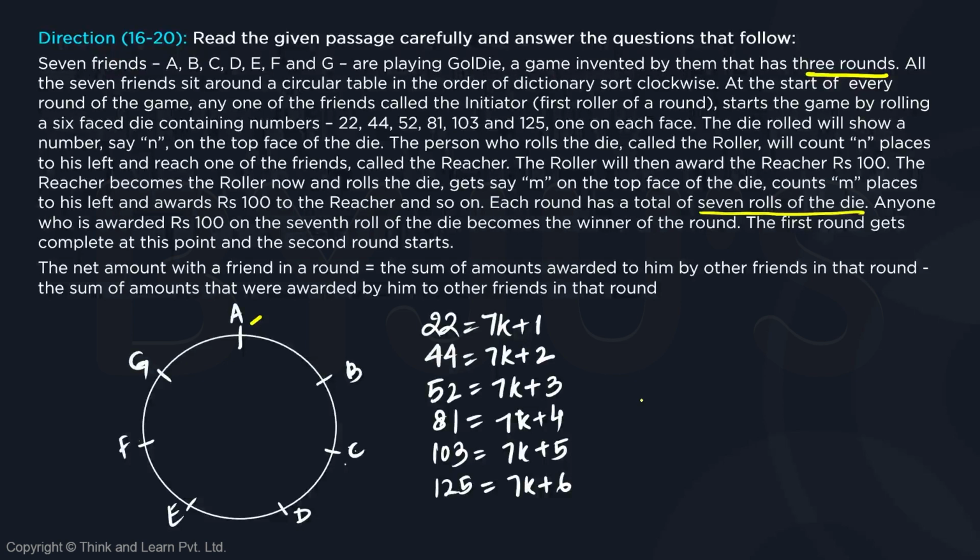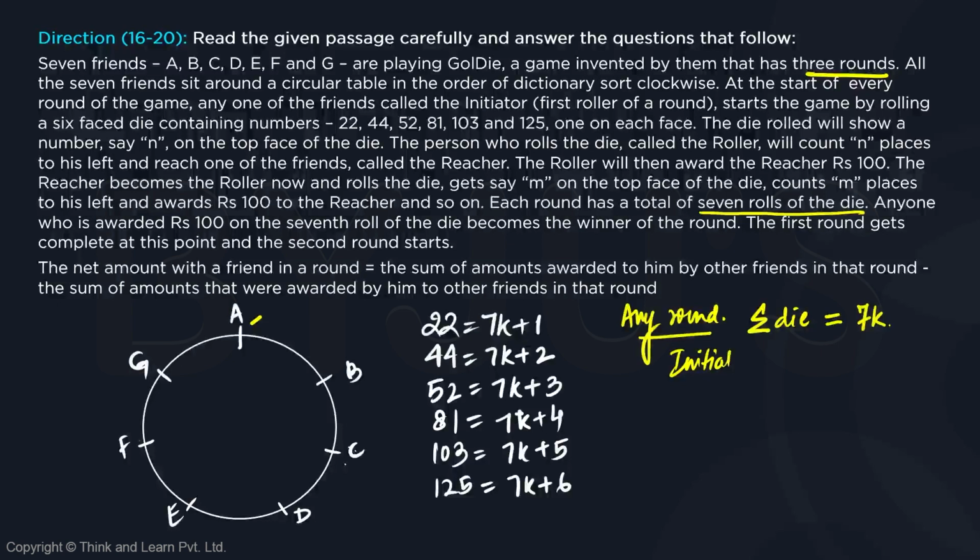So after 7 rolls in the first round, suppose the sum of the numbers turns out to be a multiple of 7. So we can write that in any round, if the sum of the die count, or the number on the die, turns out to be a number in the table of 7, that would mean the roller, or let's not say roller, let's use the word initiator, because suppose A initiates.